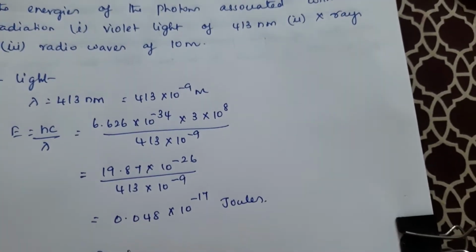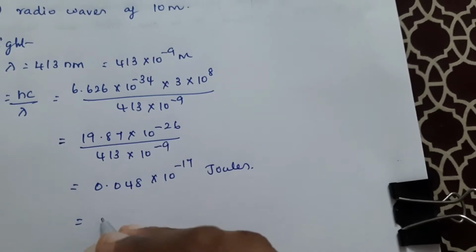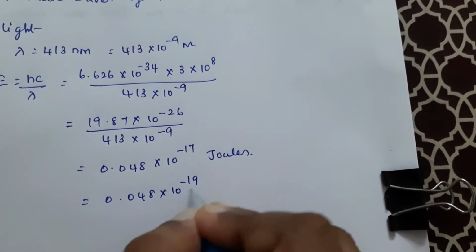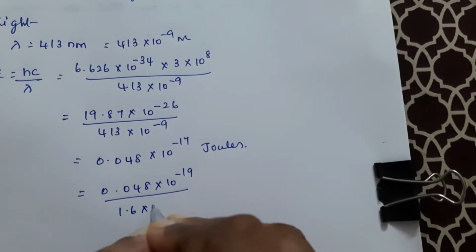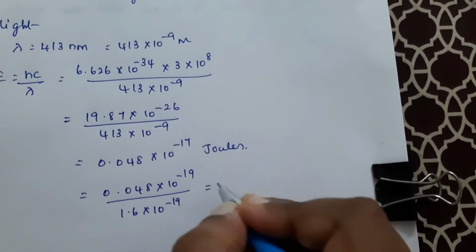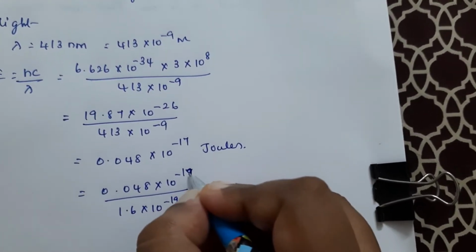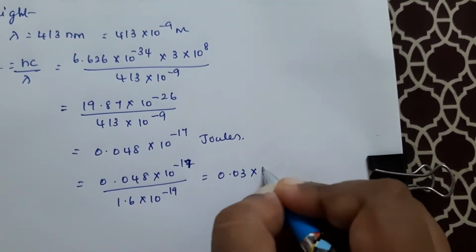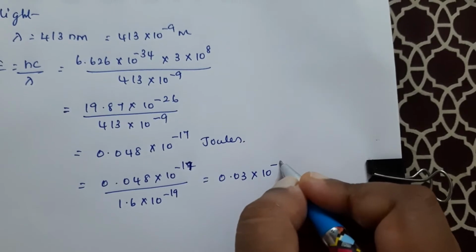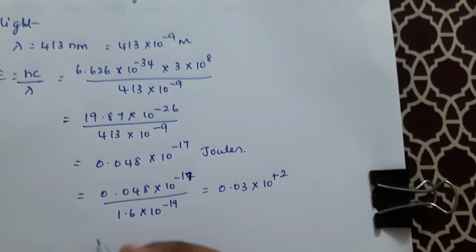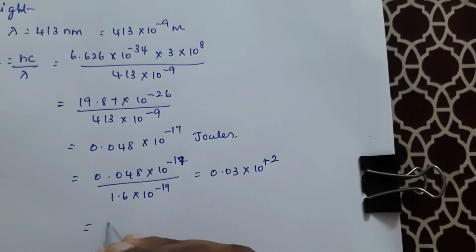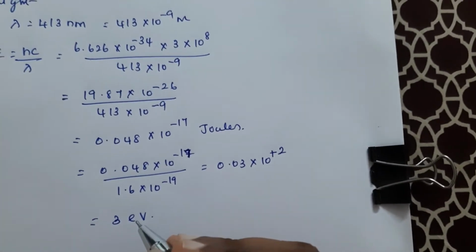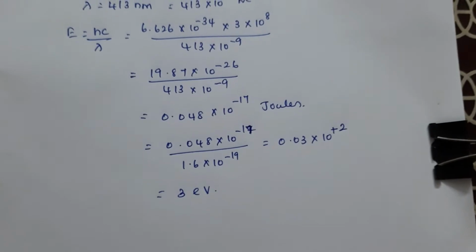If you want to convert it into electron volt, we have to divide it by 1.6 into 10 raised to minus 19. So here it is minus 17, so you will be getting 0.03 into 10 raised to plus 2. So you will be getting it as 3 electron volt. The answer is 3 electron volt.